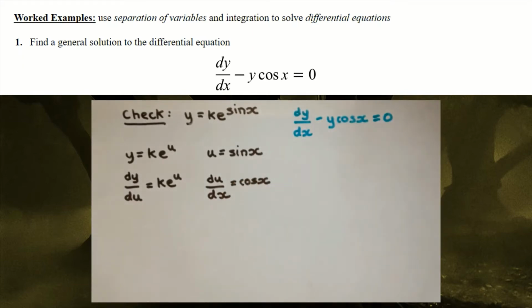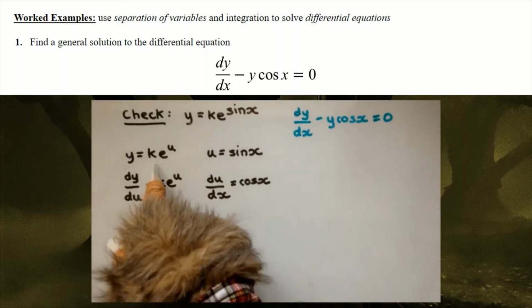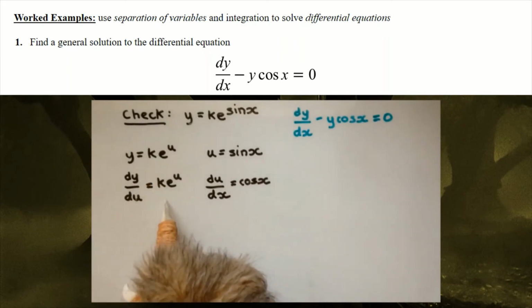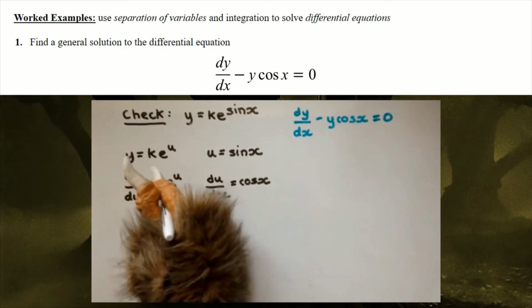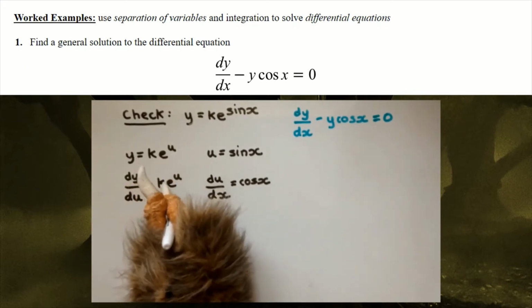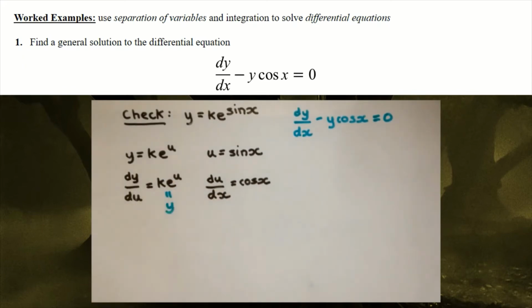Now remember, dy by dx is going to be the combination of those two, as in the product. So I'm going to multiply these two together to get dy by dx. Before I do that, please note that when I differentiated this here, I got exactly the same result back. So I can just write that as y. So this is just equal to y. Those are equal signs there.